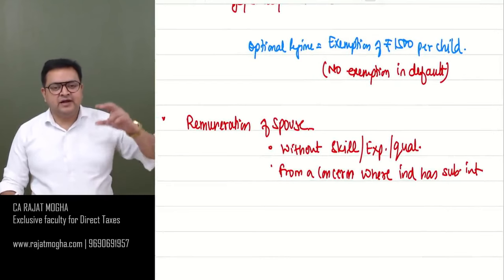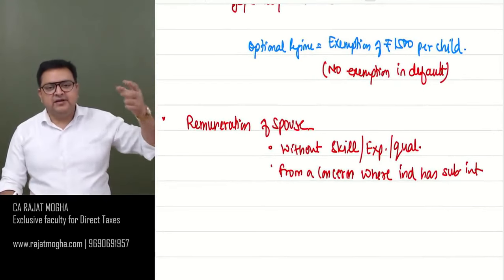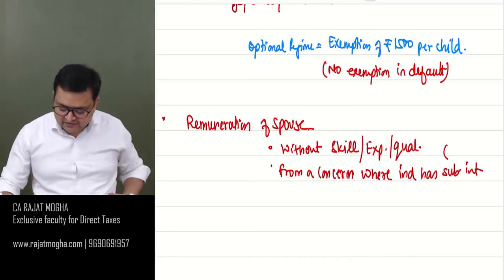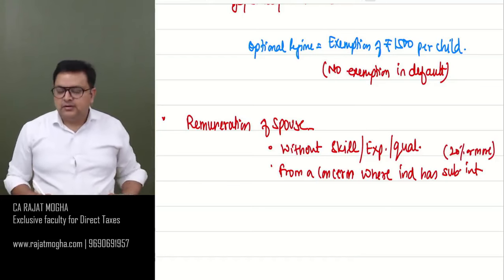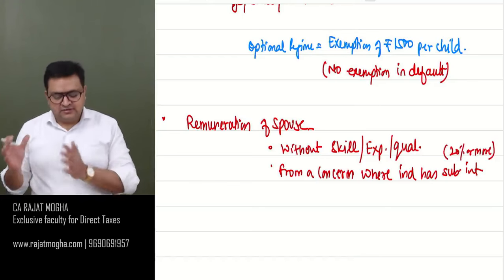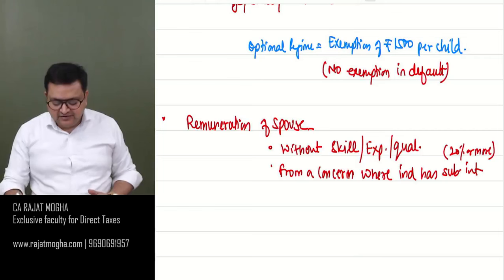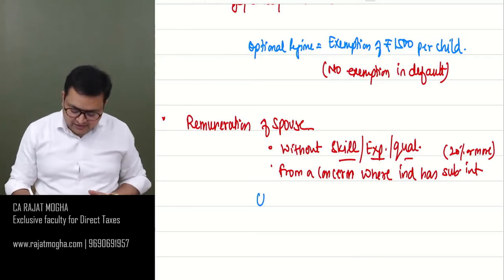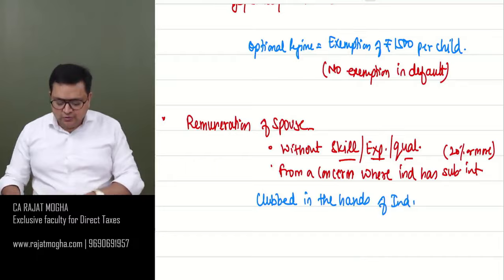Substantial interest means that, let's say, the husband is a partner in a firm with 20% or more. What is substantial interest? 20% or more. And from that concern, the spouse is getting remuneration without any skill, experience, or qualification. So it will be clubbed in the hands of the individual. Right?